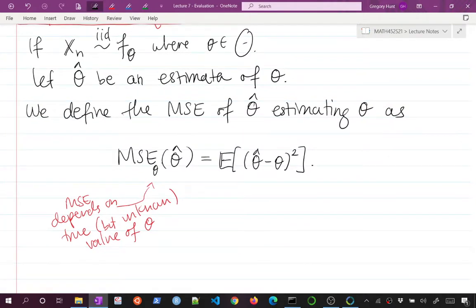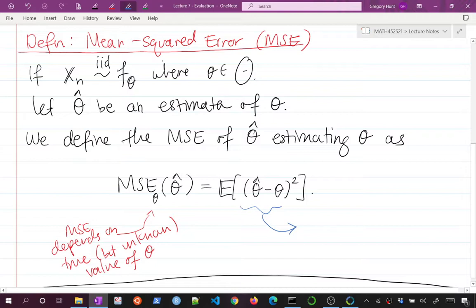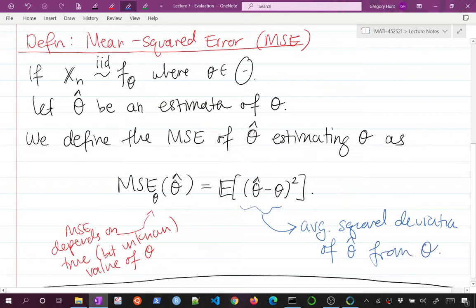And we can interpret the MSE as, as the name implies, looking at the typical squared difference between our estimator, theta hat, and the truth, theta. So it's basically the average, or mean, or expected squared deviation of theta hat from theta.